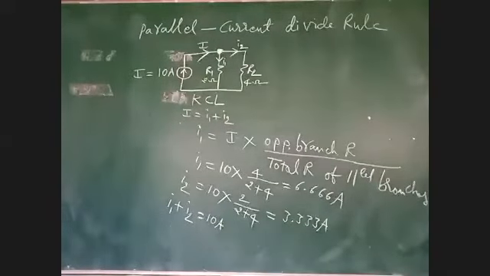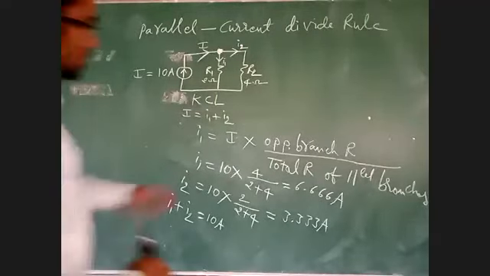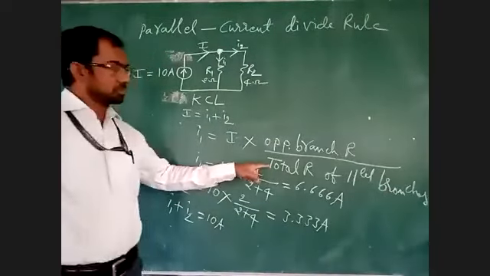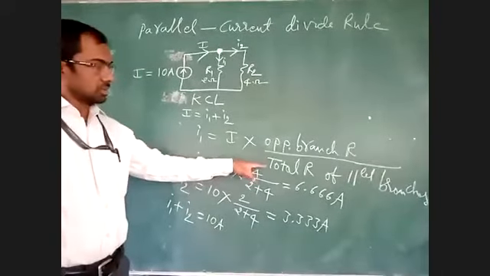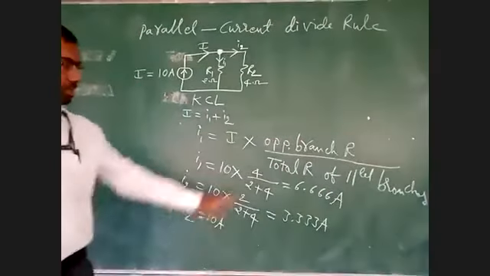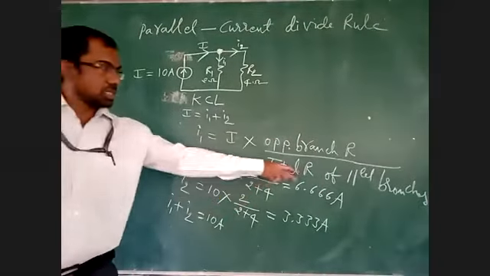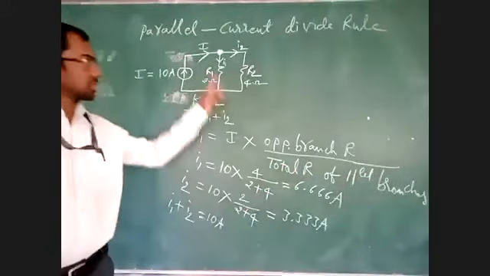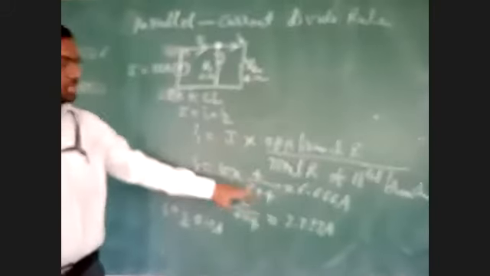Sir, in a parallel connection, how did you add both the resistances? How can you add directly? See the formula: total resistance of parallel branches. This resistance plus this resistance.